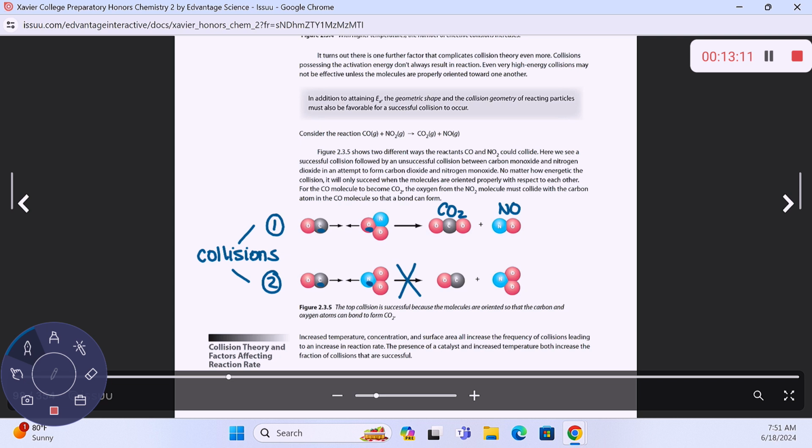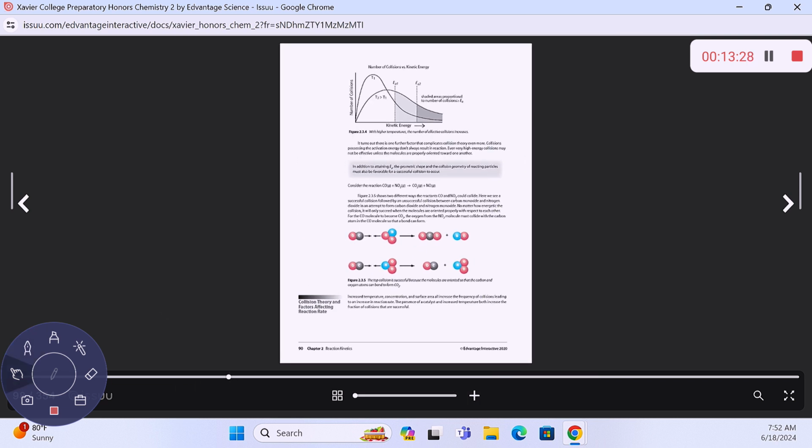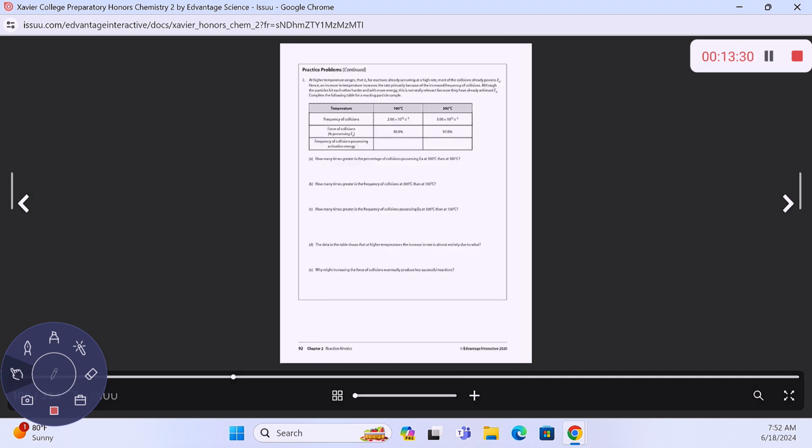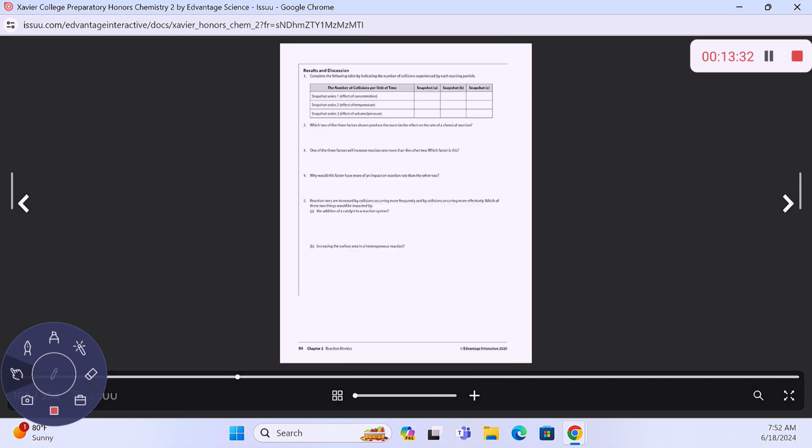We don't produce anything new, actually. Okay, so this is showing you how the way that the reactants collide actually matters. Okay, let's take a look at the next page. We're going to stop there.